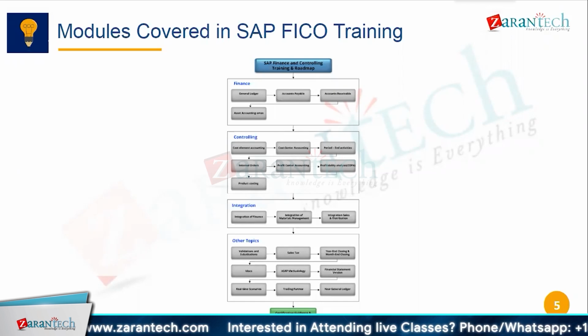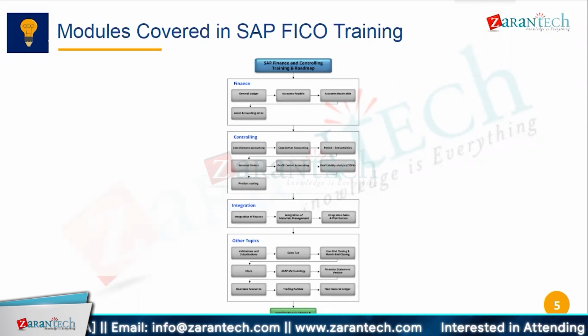Then we'll cover a few other topics like validation and substitution, sales tax, and year-end closing. There's a certain process to how you close your books in SAP, and you'll go through that. You'll also do a BAPI methodology and financial statement versions. Financial statement versions means the balance sheet and the profit and loss.